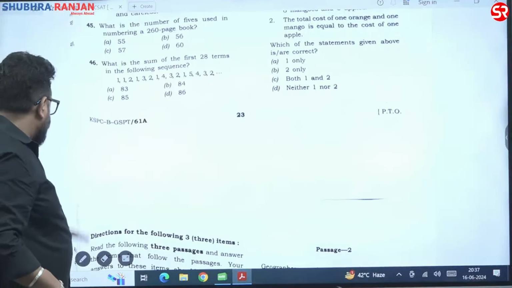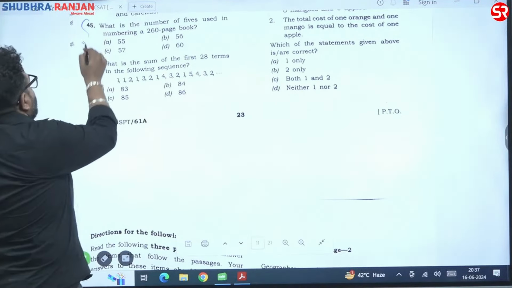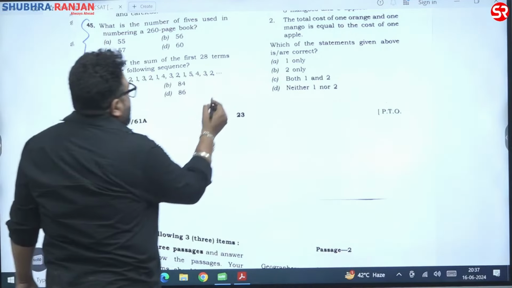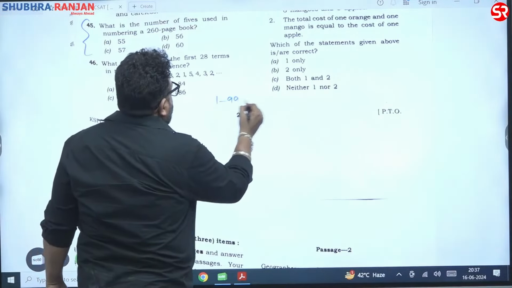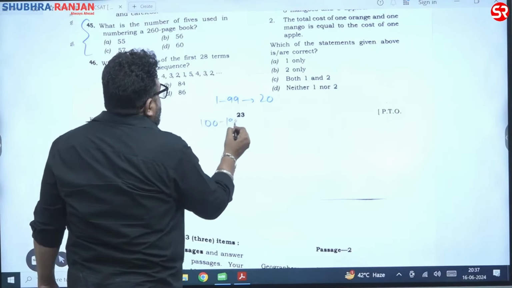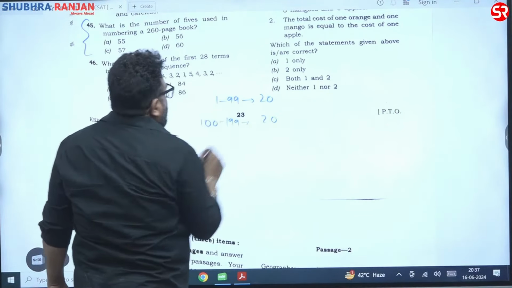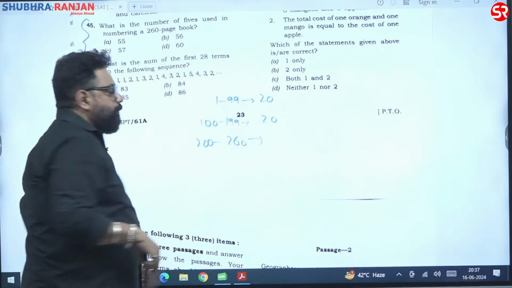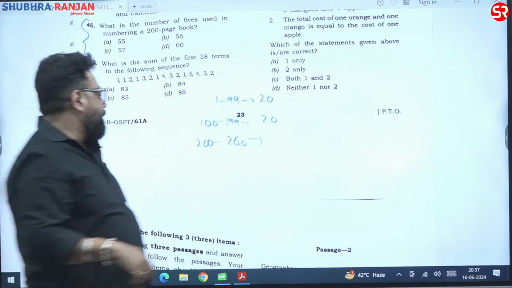Oh, number of fives. Again, I hope you remember we have done this in the classroom. So 1 to 99, how many fives are there? 20. And then 100 to 199, again 20. Then let's talk about 200 to 260. This is where many of you would have made a mistake. Let's see where.